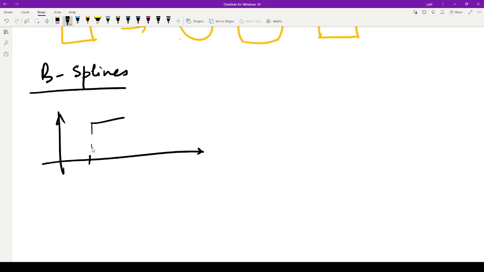For instance, this is one of those B-splines. 0, 1, 2, 3. This is the x coordinate, and this is one of the functions, which is 0 comma 0. This is 0 comma 1, and it is varying with respect to some variable t. So these basic functions are the B-splines.